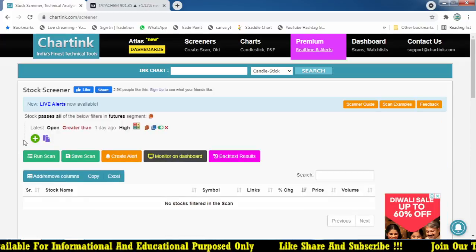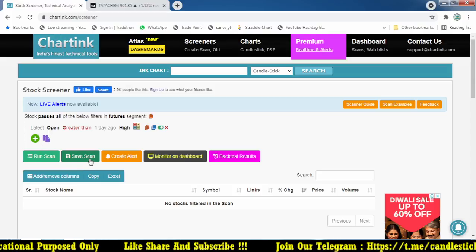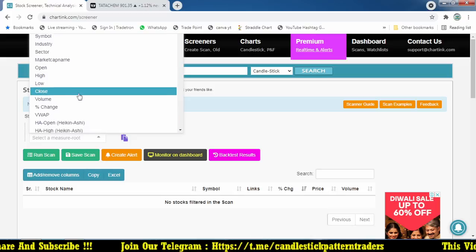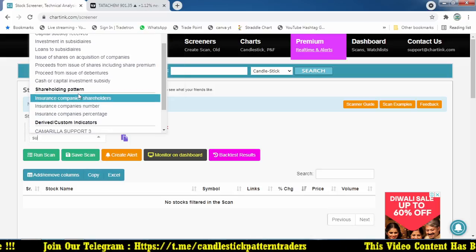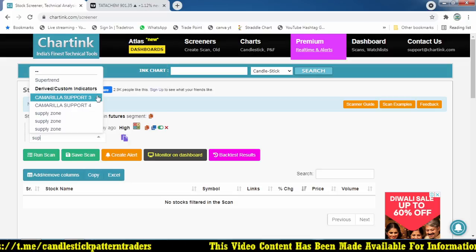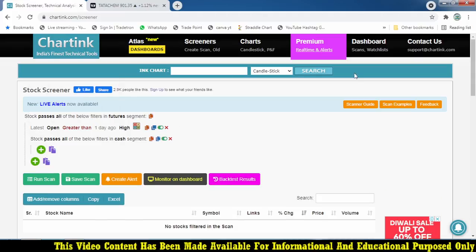Again, what I'm going to add here, when I save this, then only it will give you results. Here I'm going to add some groups and subgroups.